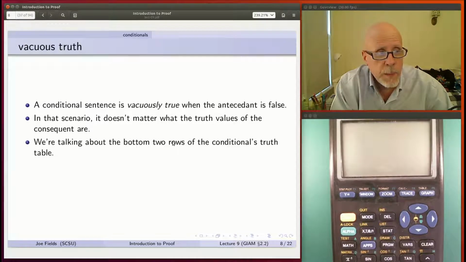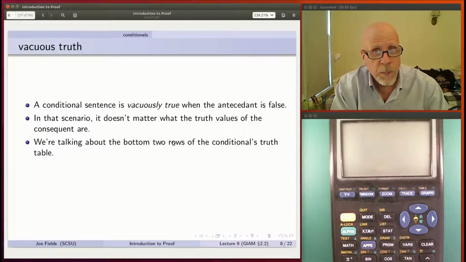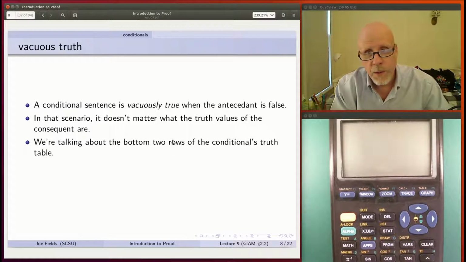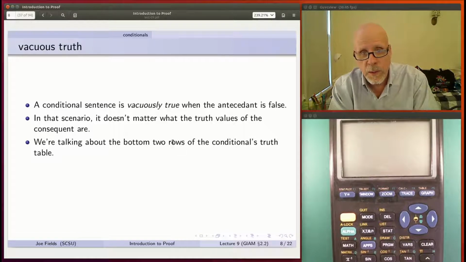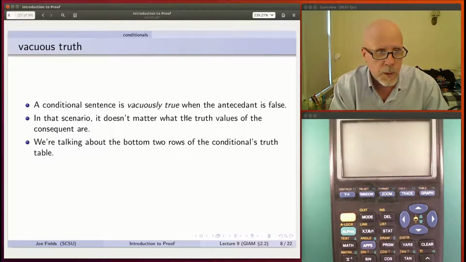It's immaterial. We're talking about those bottom 2 rows of the conditional's truth table, provided we're talking about the regular A implies B conditional in the truth table as I've set it up before. Because, just like with ands and ors, you could put negations in front of A or B and change how things looked in terms of the order of the truth table.